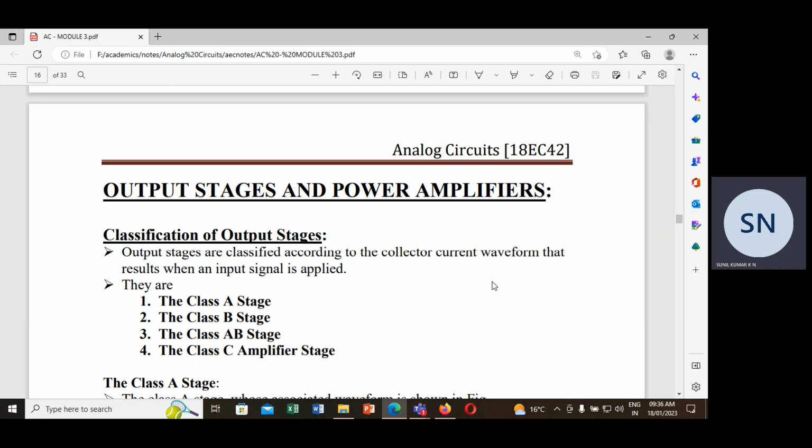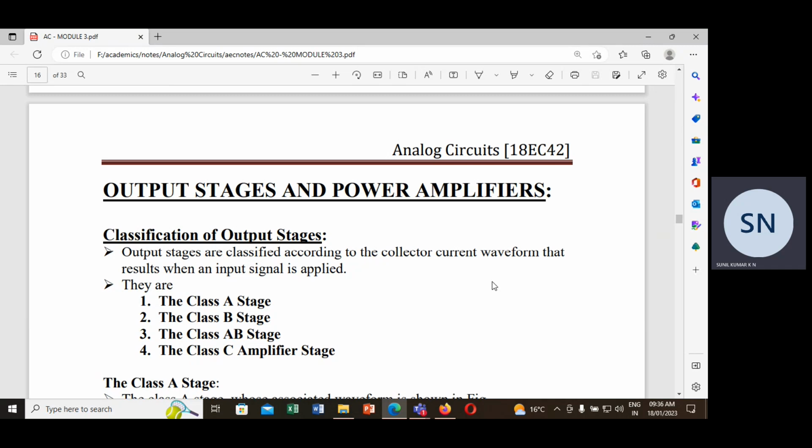For each of the amplifiers, we have different output stages. For each of the different output stages, we are going to learn how the power amplifier or the signal works. Mainly we are going to learn how much is the supply power, how much is the power dissipated, and what is the maximum power conversion efficiency.